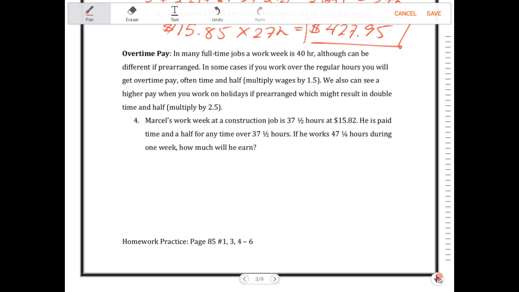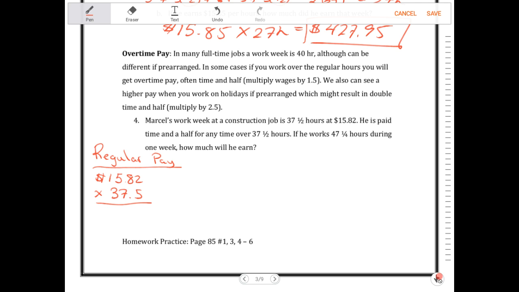So let's figure out the regular pay, the regular work week. Okay, so we'll call this here regular pay. So regular pay, that's the easy part because it is $15.82. How many hours was it? 37 and a half, which is 37.5. And I'll just fire that into my calculator here.